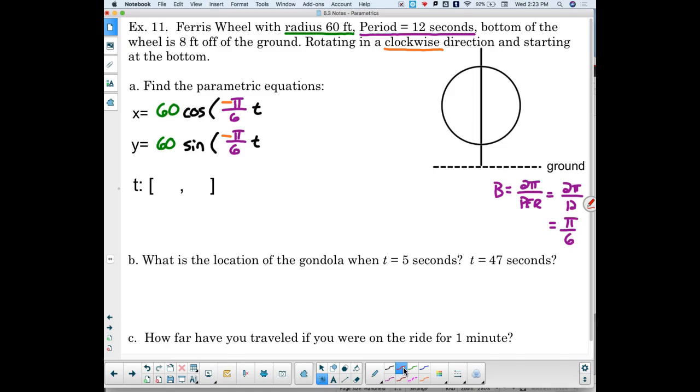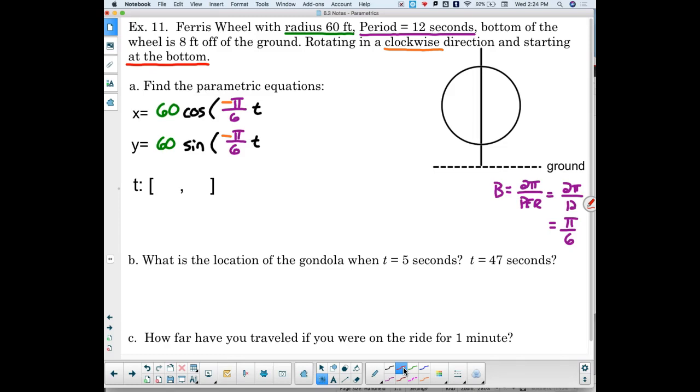Because that's 0 on my unit circle, right? No. Where are we starting? At the bottom. So how do I get from the right side of the unit circle to the bottom of the unit circle? I could go minus pi over 2 or plus 3 pi over 2.